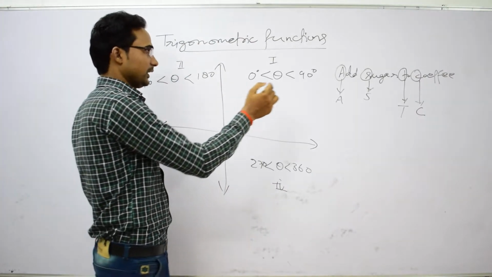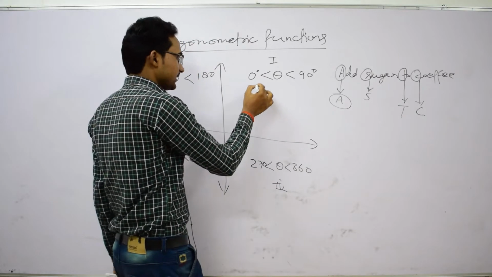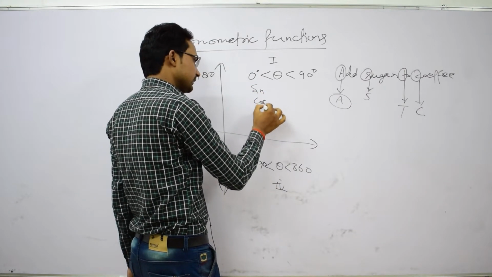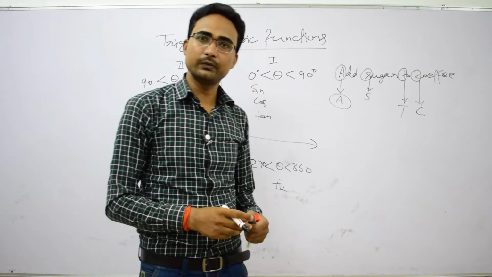In the first quadrant, all trigonometric ratios are positive, that is sin, cos, tan. If sin, cos, tan are positive, their reciprocals will also be positive.